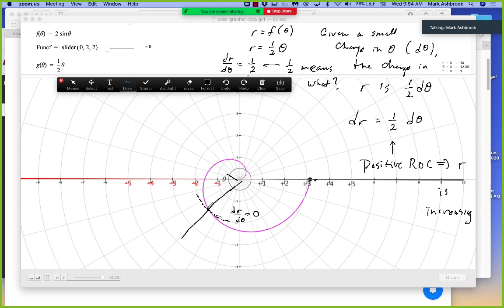As you move through that point, you're getting farther away from the pole. And our direction is always counterclockwise? Yes, increasing theta is counterclockwise. To make theta bigger, you go around counterclockwise.